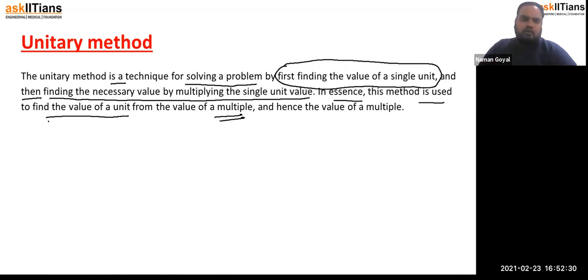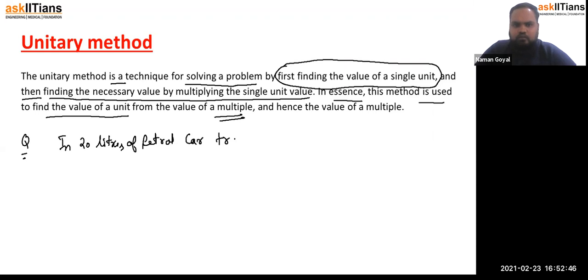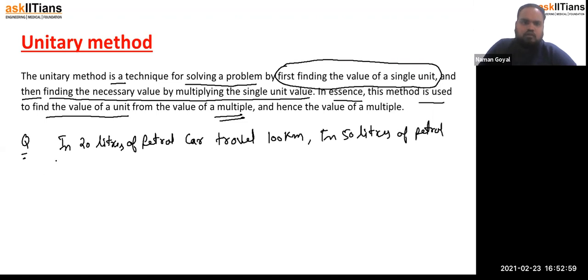Okay, now if I'm talking about a question, suppose the question is like this: in 20 liters of petrol, a car travels 100 kilometers. Now tell me, in 50 liters of petrol, how much distance does the car travel?